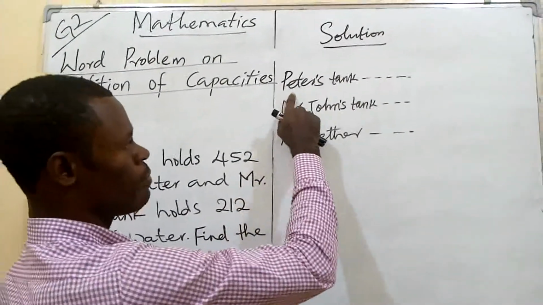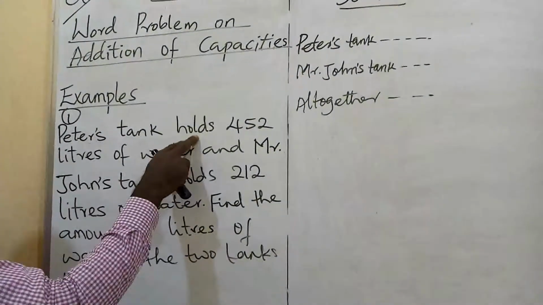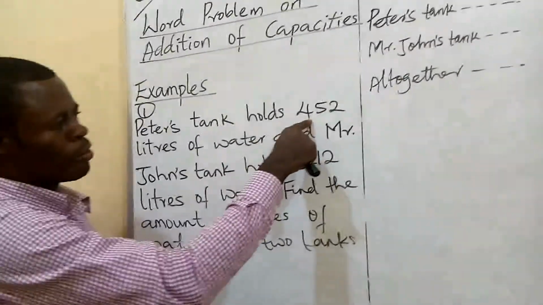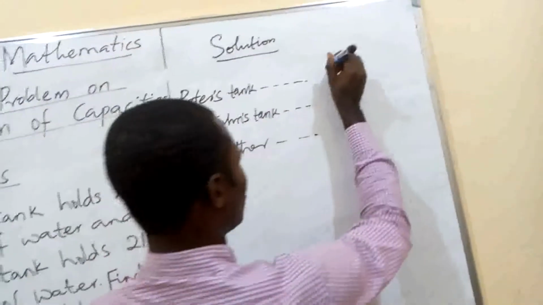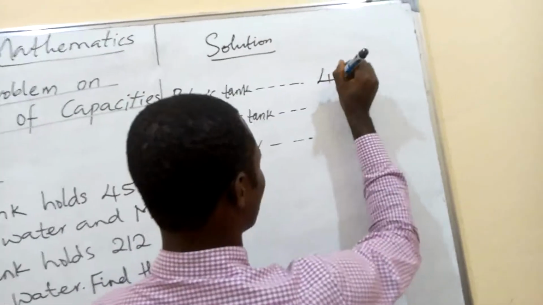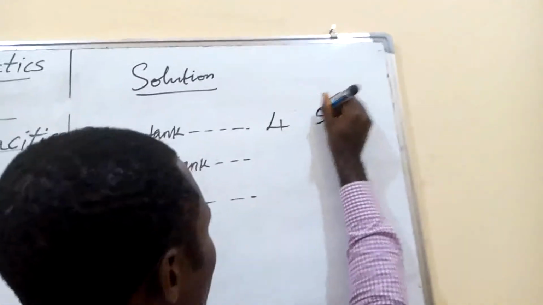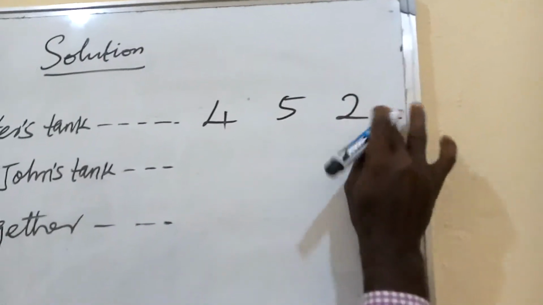First of all, we have Peter's tank. Peter's tank holds how many liters of water? Peter's tank holds 452 liters of water. In your arrangement, we have here Peter's tank, 452 liters.